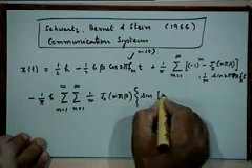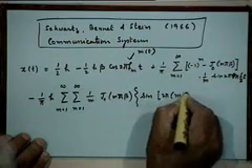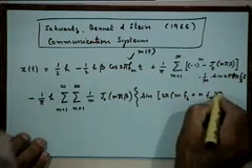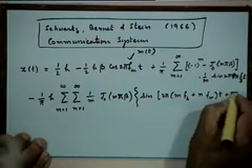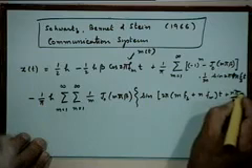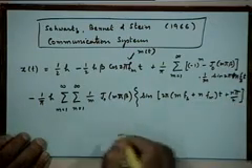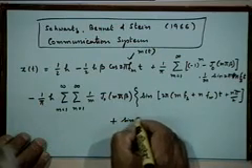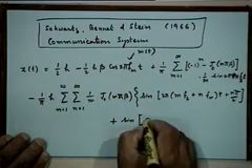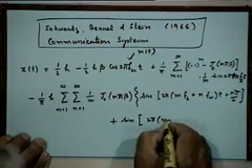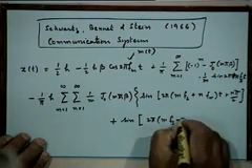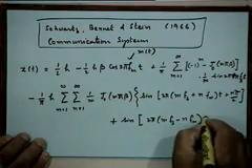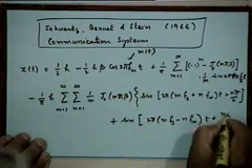Sine of 2 pi (m f sub s plus n f sub m) t plus n pi by 2, plus sine of 2 pi (m f sub s minus n f sub m) t plus n pi by 2.